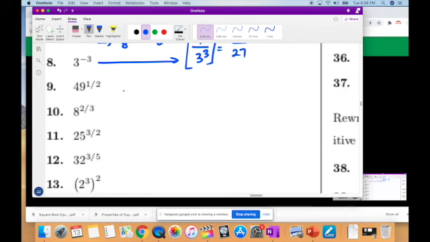Anything to the power of a half is actually the square root of 49. Right? Now at the end of the day, we have this rule which says that a to the power of x over y, the denominator is the root and the numerator is the power, and we proved this in the last class.